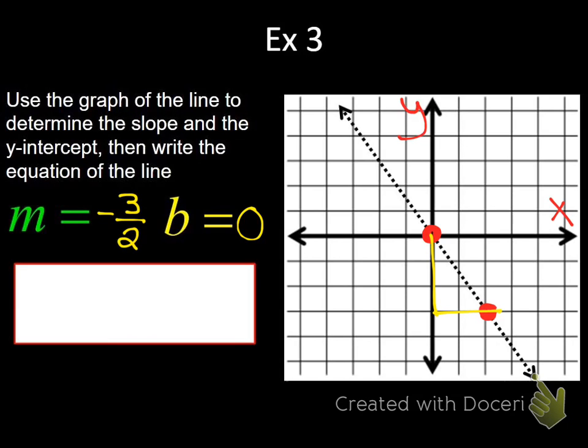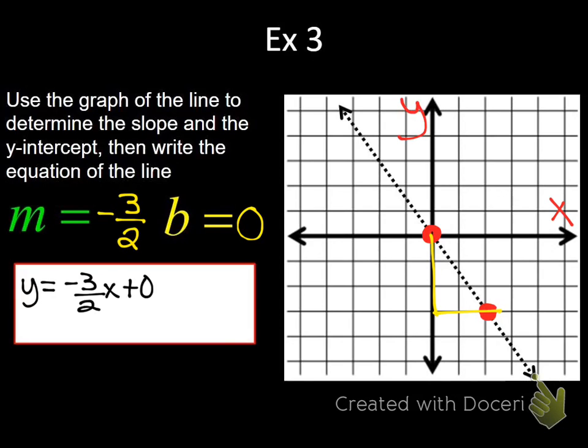All right, Chance, tell me what this is going to look like in slope-intercept form. Y equals -3/2x plus 0. Okay, now what if I want this in simplest form?